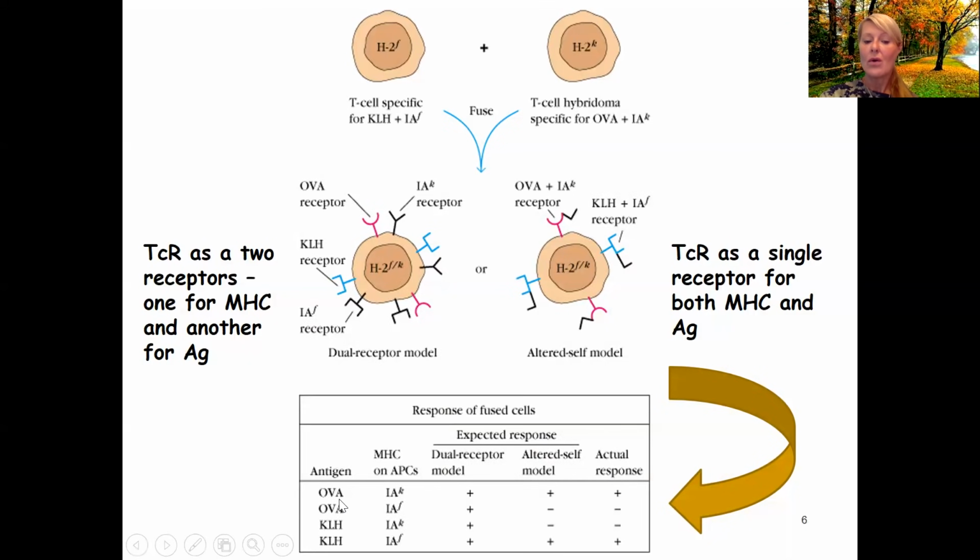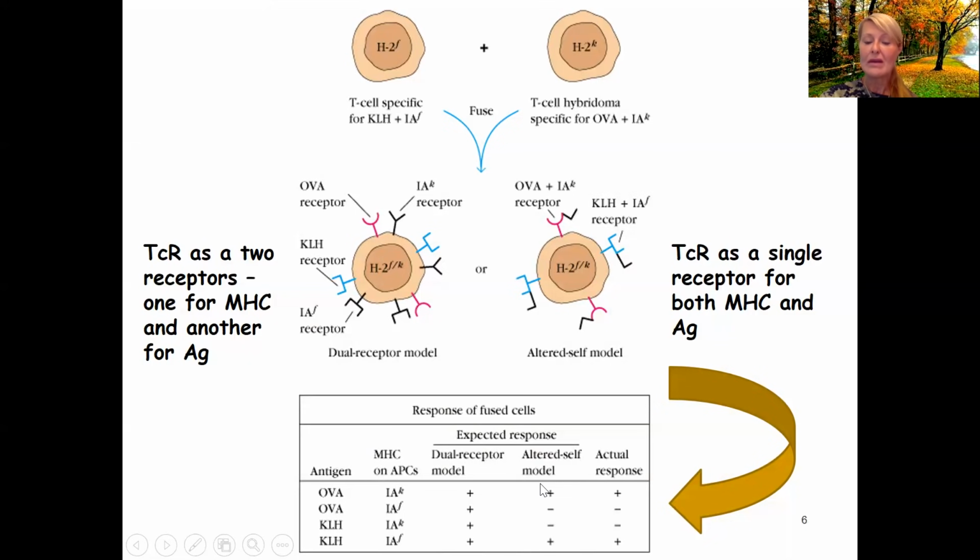Only when the OVA antigen is seen in the context of an IA of K MHC will you get a response. And KLH is seen in the context of IA with the superscript F, as seen in the two original cells. But you won't get a positive response when OVA is presented here in the context of IA of F or KLH and IA of K, because that's not how it was in the original.